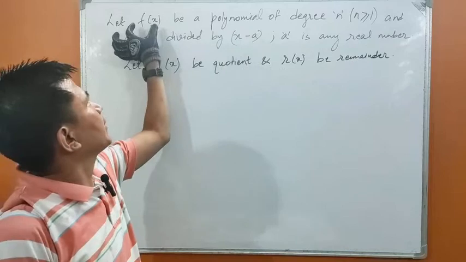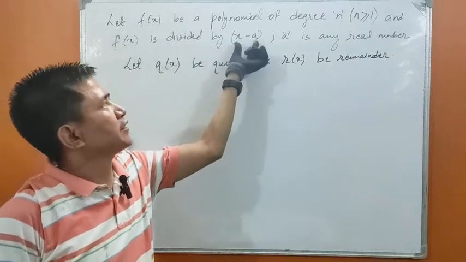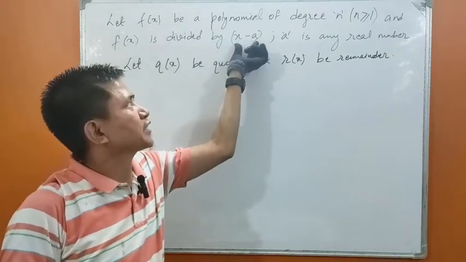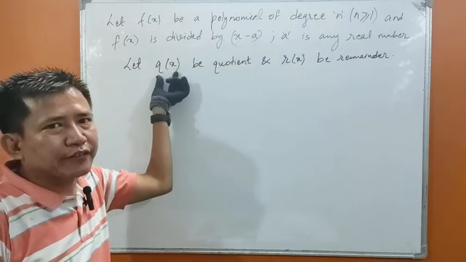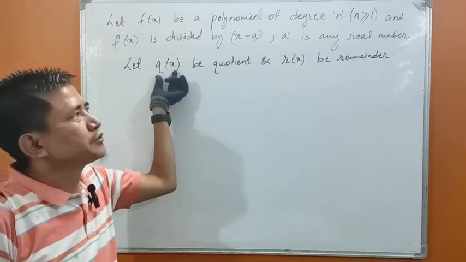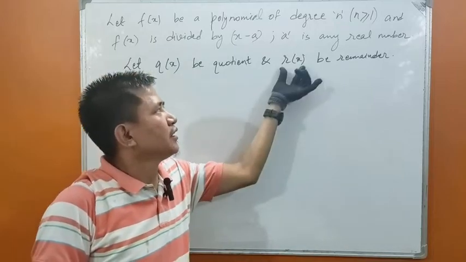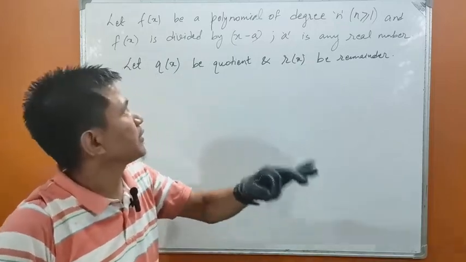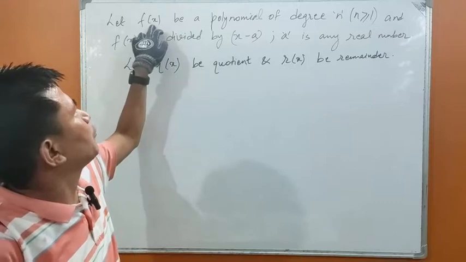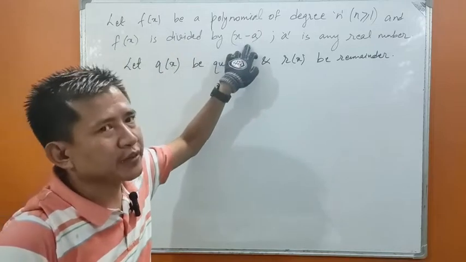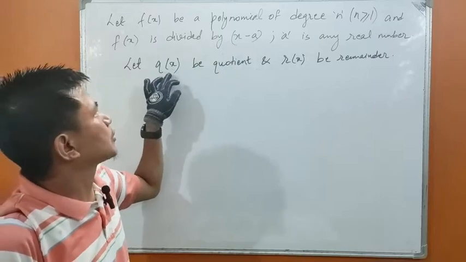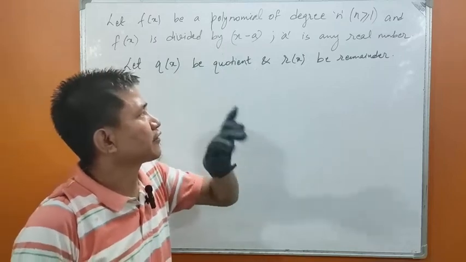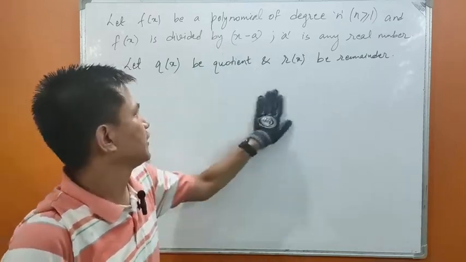When the polynomial f(x) is divided by the expression x minus a, let the quotient be q(x) and the remainder be r(x). Let me tell you again. When the polynomial f(x) is divided by x minus a, we assume the quotient to be q(x) and the remainder to be r(x).